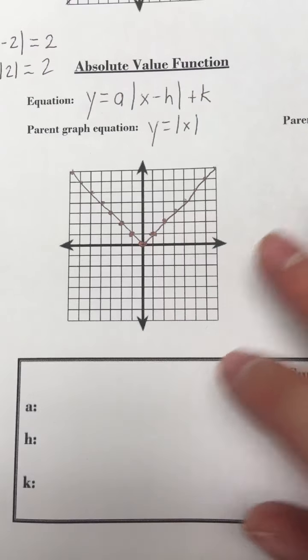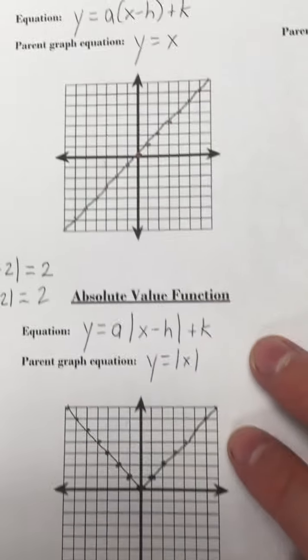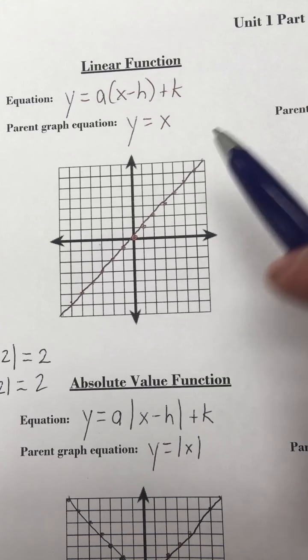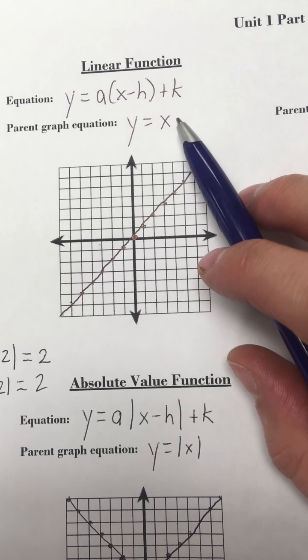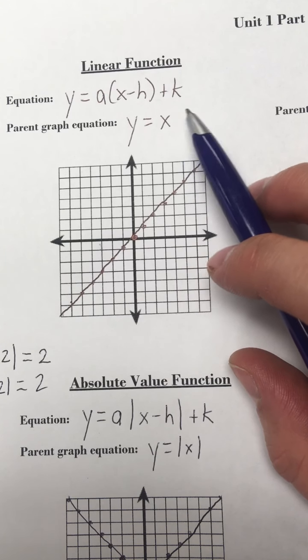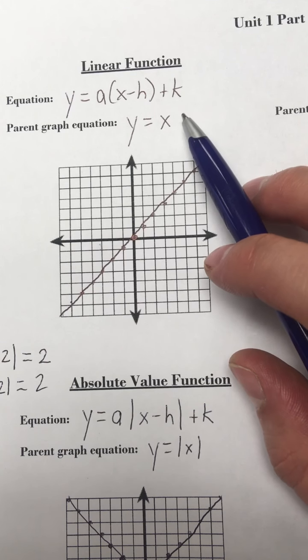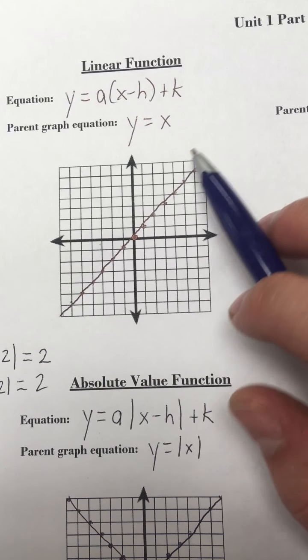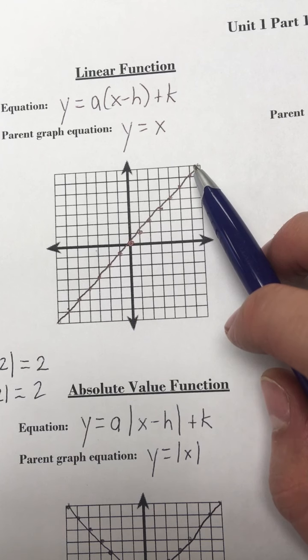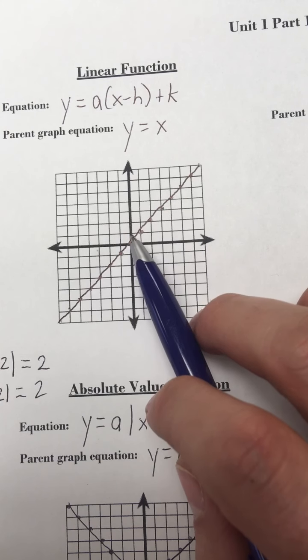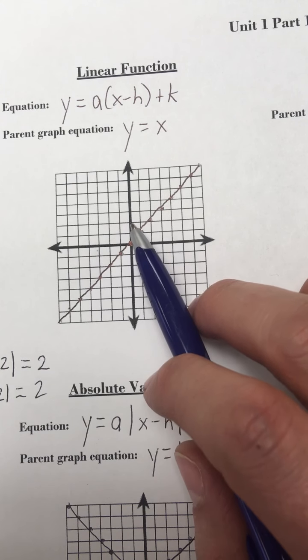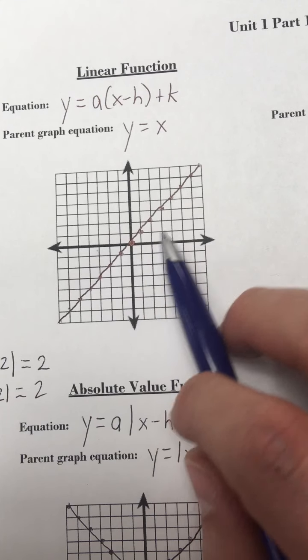So let's just start with the function that you're most familiar with, linear functions. If instead of graphing y equals x, I ask you to graph y equals x plus 2, do you remember what that plus 2 at the end of the equation would do to this graph? Instead of starting at 0, 0, it would start here at 0, 2. It'd shift the whole thing up 2.